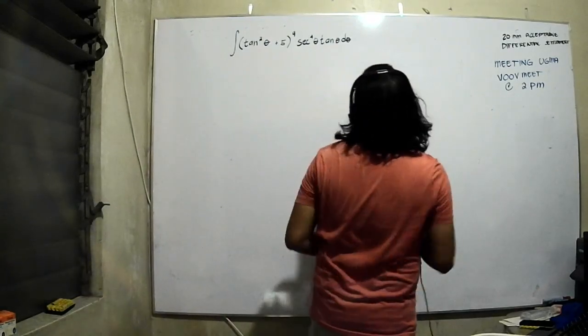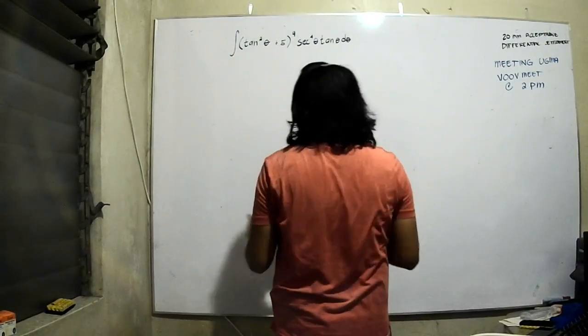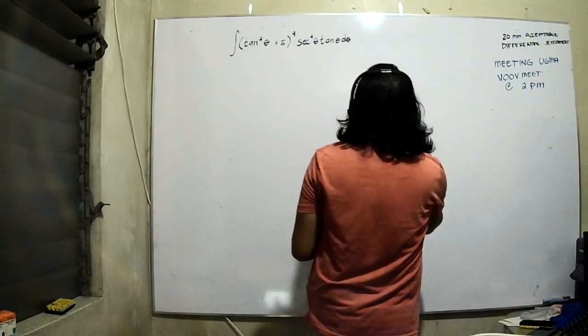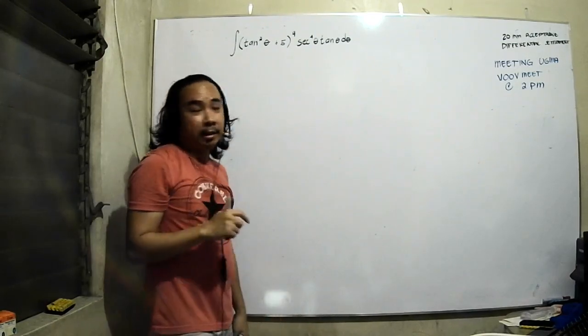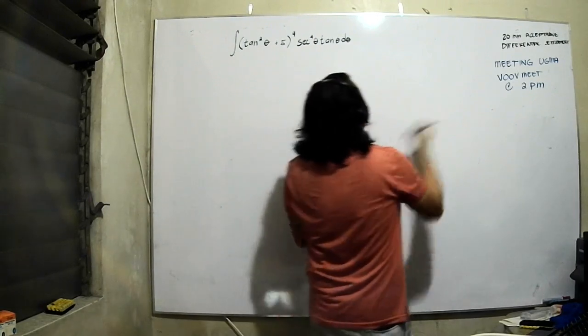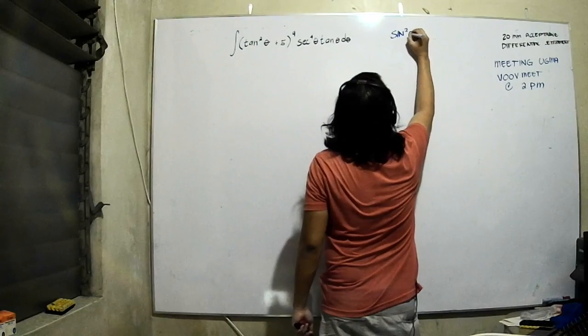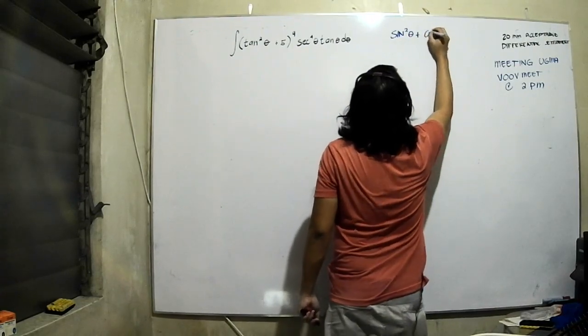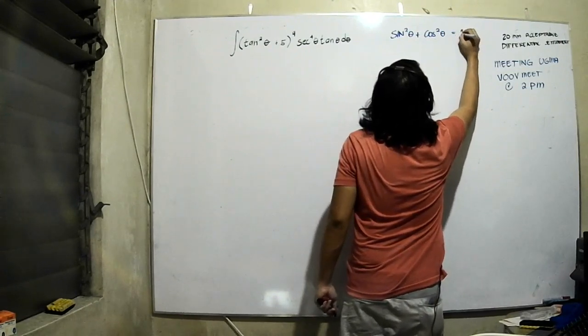Now, we're dealing with trigonometric functions here, so what comes to mind is using trig identities. I'm not very good with memorizing, so I think this is the Pythagorean identity.